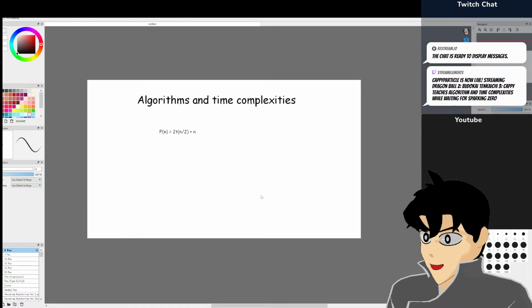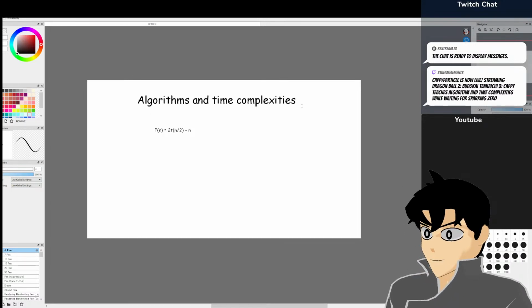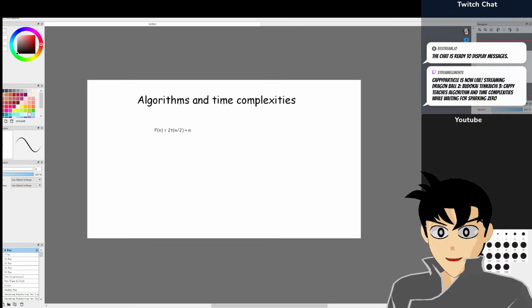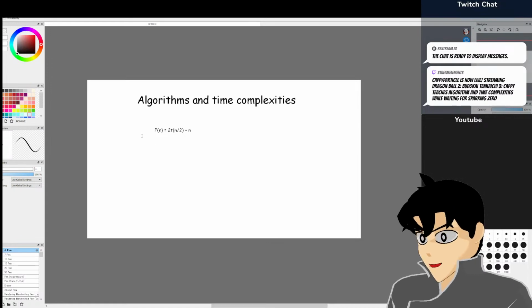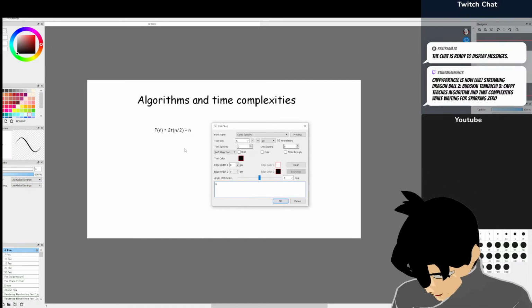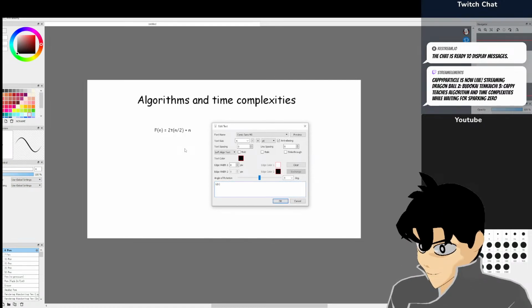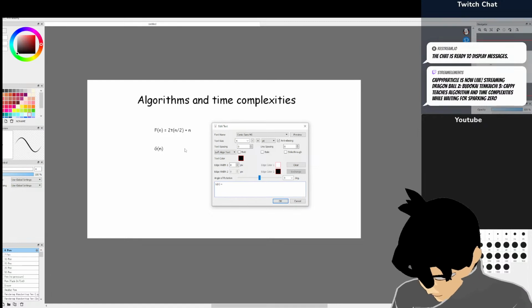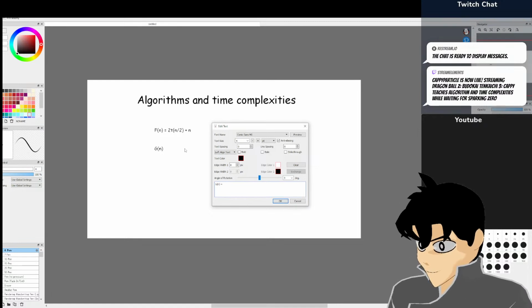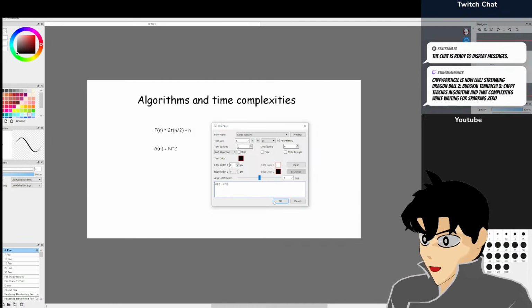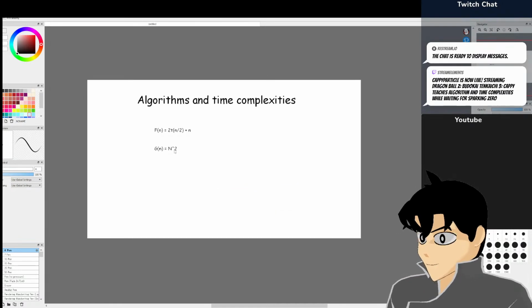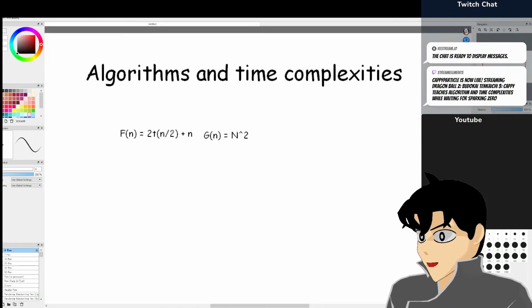It's effectively a function comparing the algorithms. Okay, and then I'll type in another one, g of n equals, let's just say n squared. I don't exactly have a way to abbreviate like that. So these are two things.